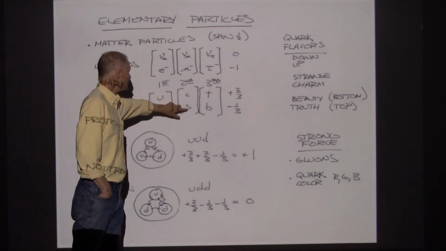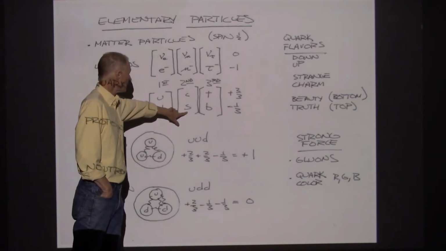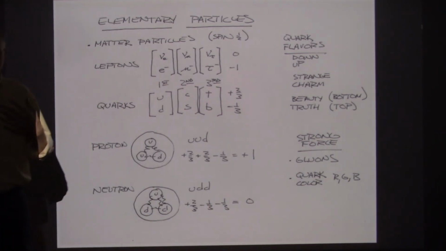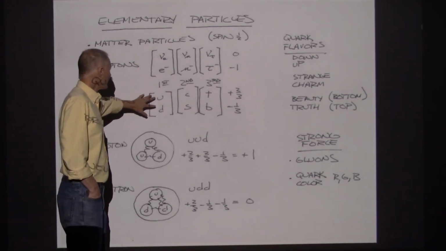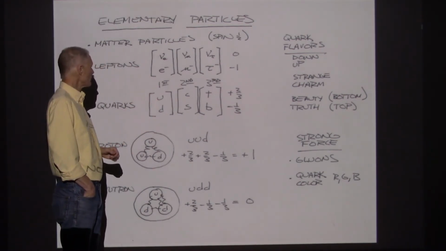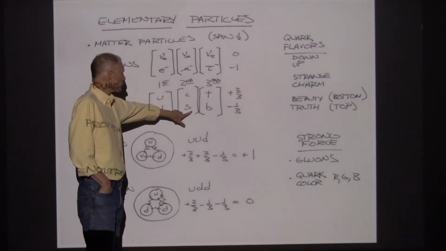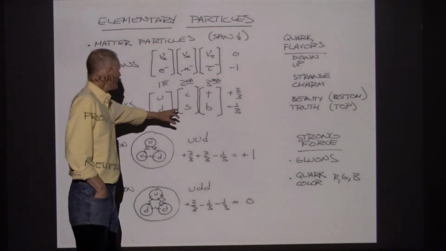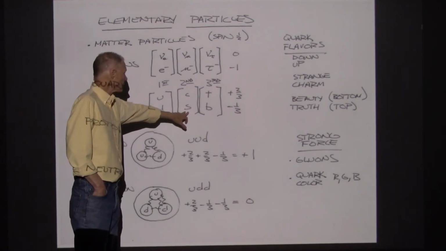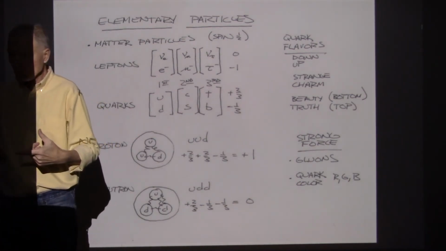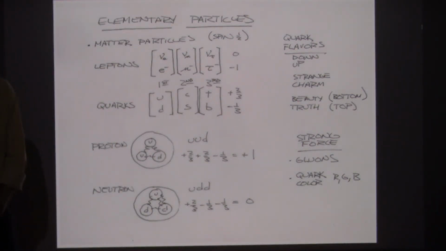The second generation consists of what we call a strange quark. Initially, when the quark model was first presented, it was based on up and down in terms of protons and neutrons and some other particles that had been observed. But it needed a third quark flavor in order to explain some of the other particles that had been discovered. Now, when researchers saw that third quark, they realized that to make the entire theory consistent, they needed a fourth quark.